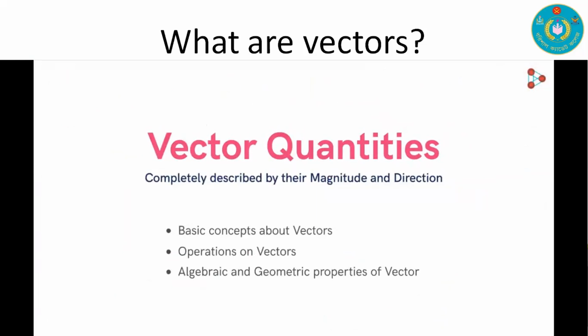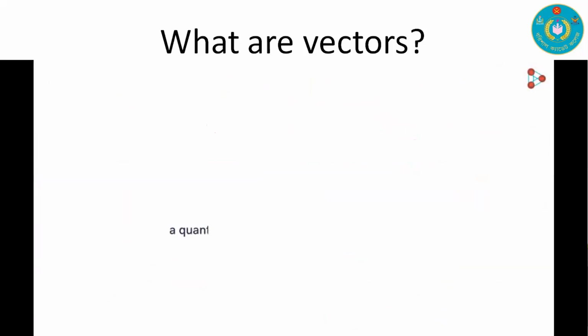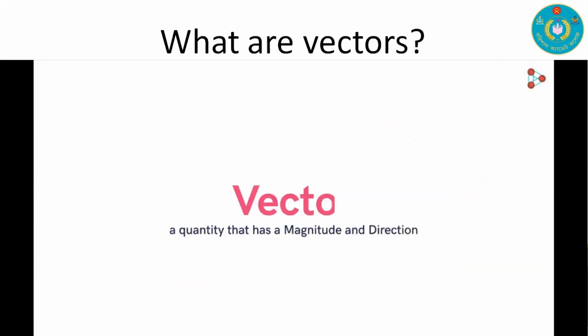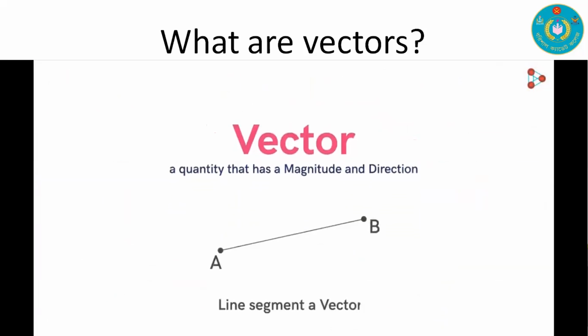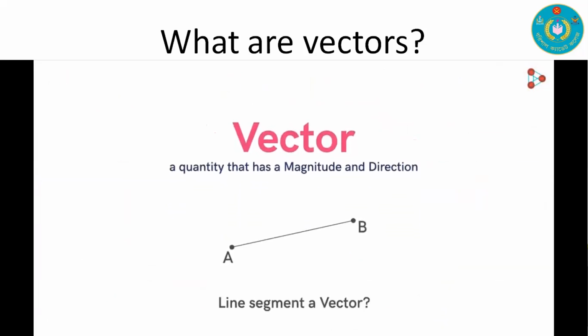Basic concepts about vectors. A quantity that has a magnitude and direction is called a vector. Observe this line segment. Is it a vector?